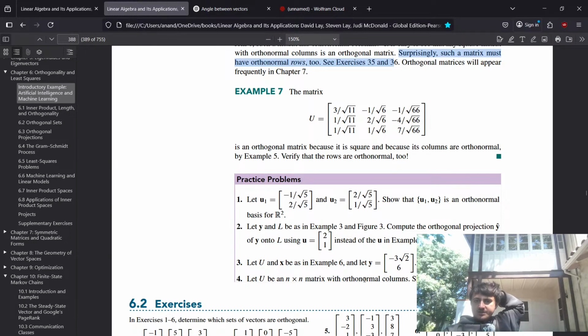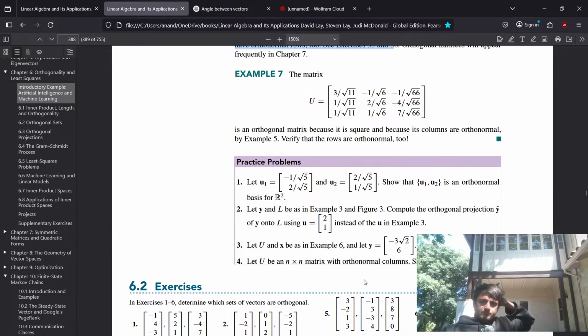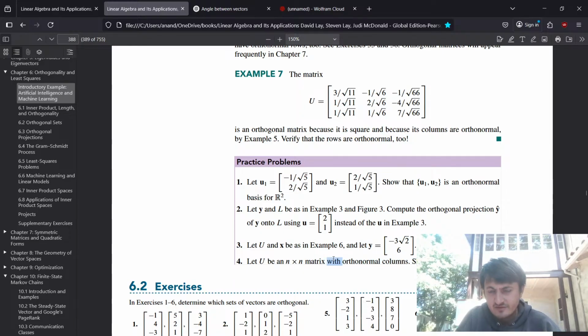Nice. Pretty quick section, but okay, so 4 is the only really interesting one because it's kind of a proofy thing.